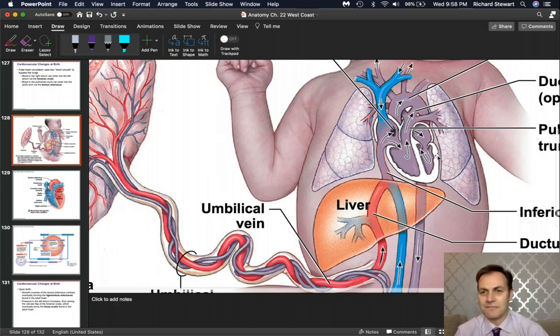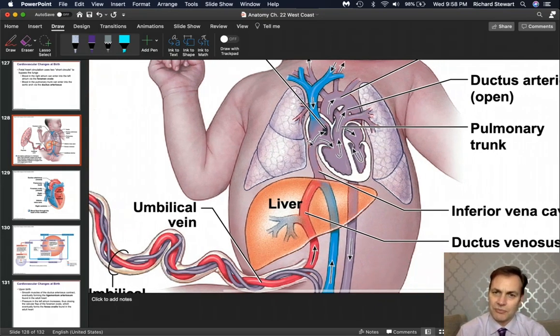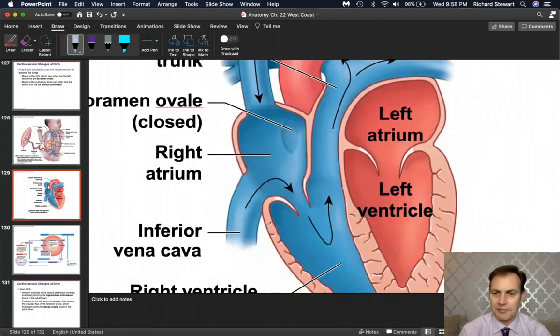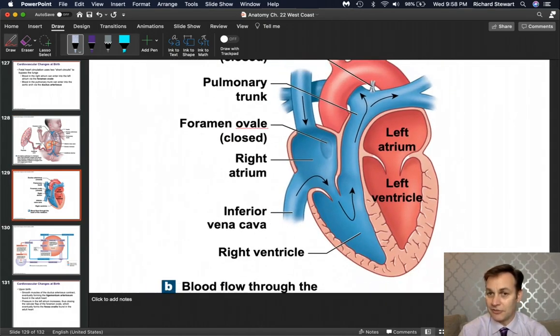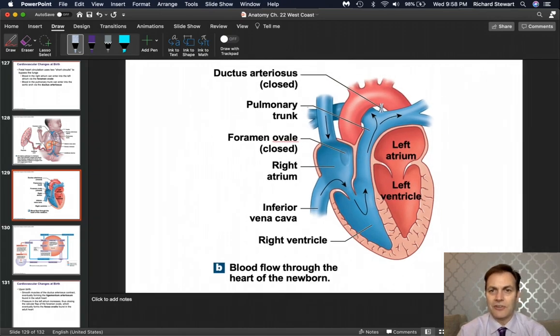Okay. So, let me show you on this guy. So in a fetus, we shunt the blood so it doesn't go to the lungs. There's no reason to bring it there. So your ductus arteriosus, this little line right here, this is a developed heart once they're born. Before they're born, we're going to have blood that's going to come from the right ventricle.